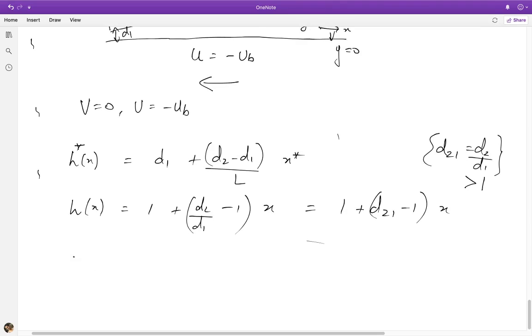Okay, so now we have everything we need to calculate the pressure. If I substitute these expressions for u, for v, and for h of x into my equation for pressure, I get the following.